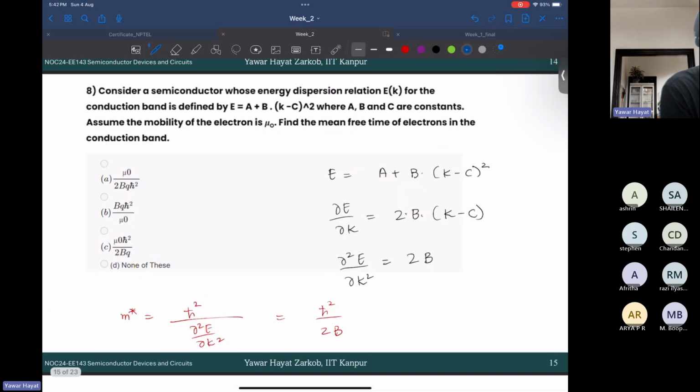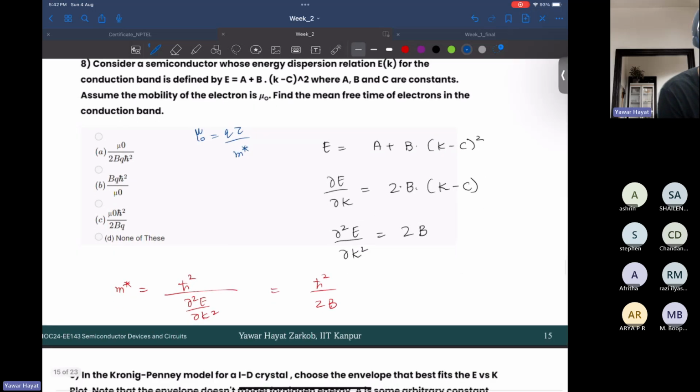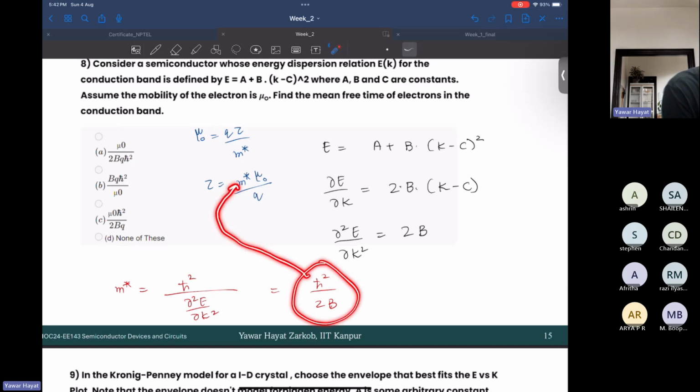What about this expression that I just told you? Mu naught is q tau by m star. So what should be tau? Tau should be m star mu naught by q, right? What is the expression for m star? We'll plug this expression right here to get tau.